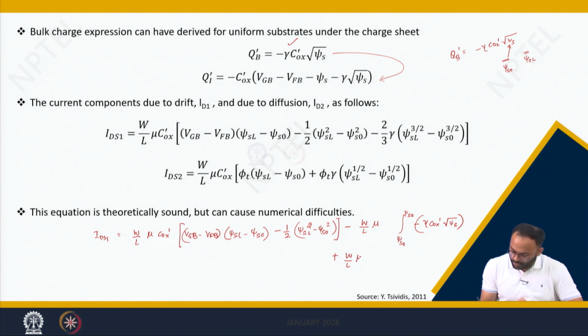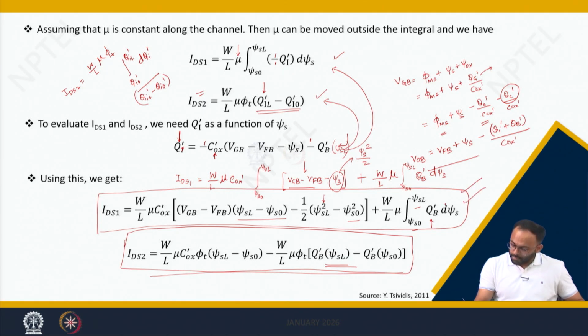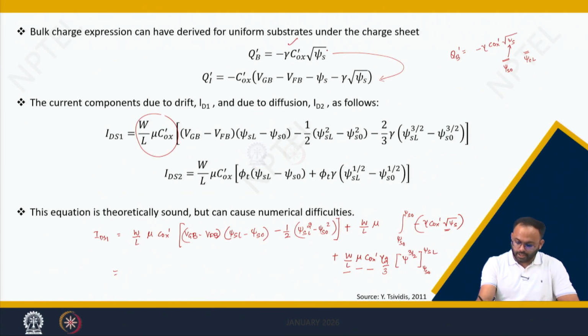W by L mu into Cox dash is common, gamma is common, and now when you integrate this, ultimately you will get psi to the power 3 by 2 into 2 by 3, from psi s0 to psi sL. Again this was plus. So if you take W by L mu into Cox dash common, you are getting the same equation which was derived earlier, by putting Qb dash in terms of this.